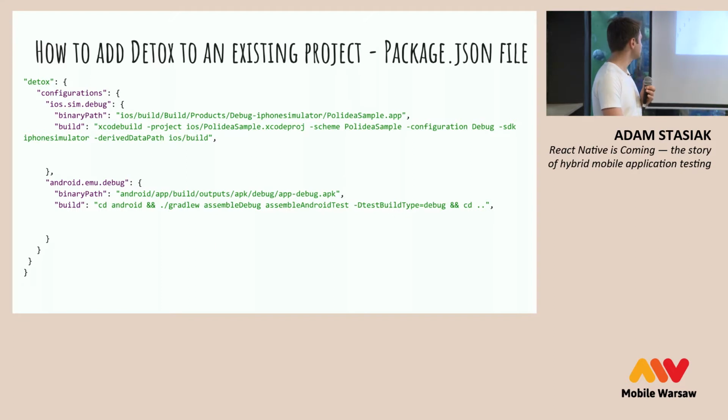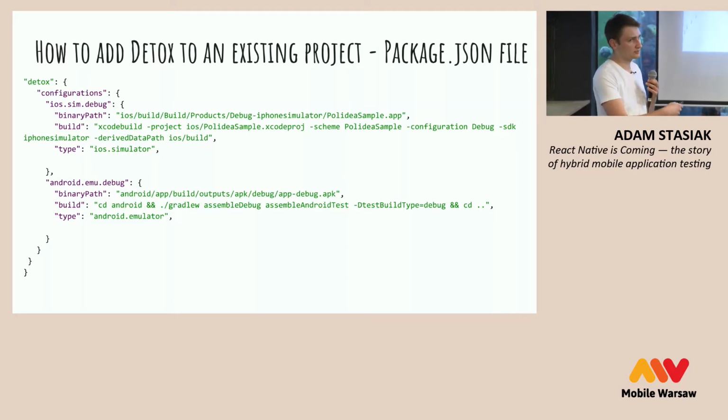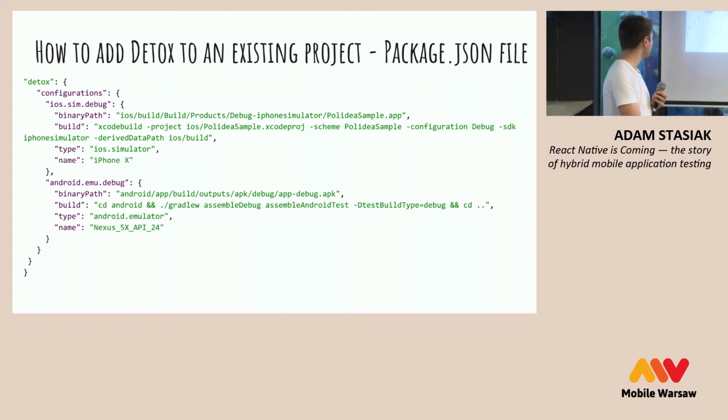For Android it's just a Gradle task invocation. Another field we have to set is type. We specify that we run our tests on a simulator for iOS and an emulator for Android. And the last one is the name of the target device. I mean, our test will start on iPhone X for iOS and on a Nexus device for Android.